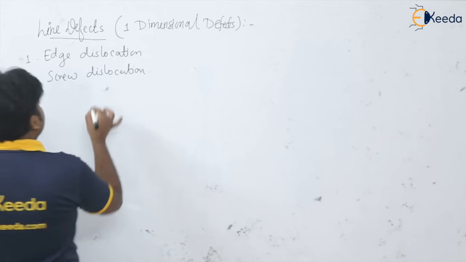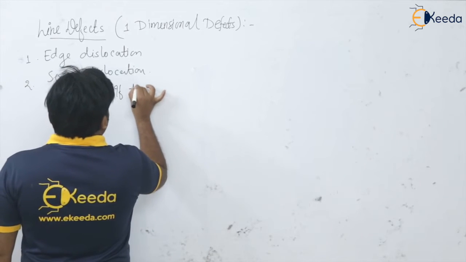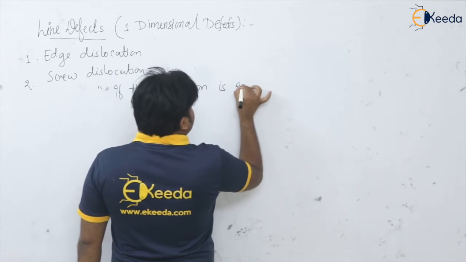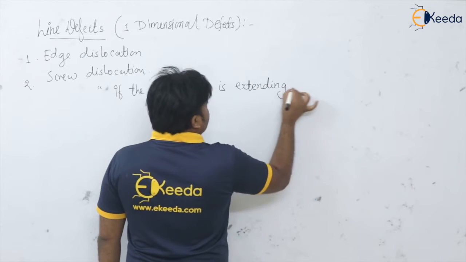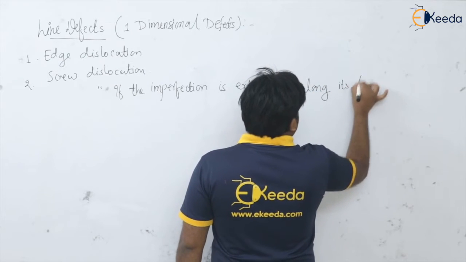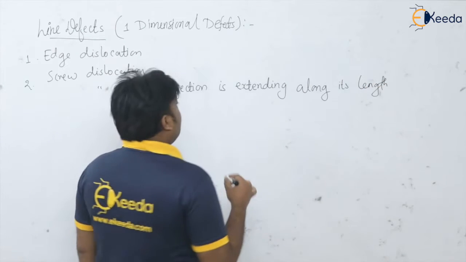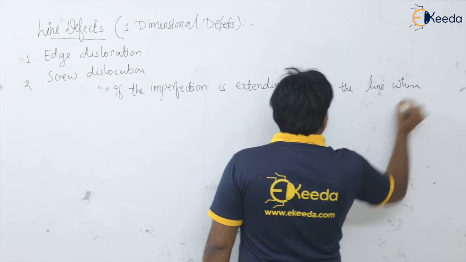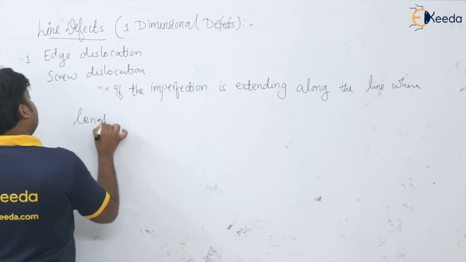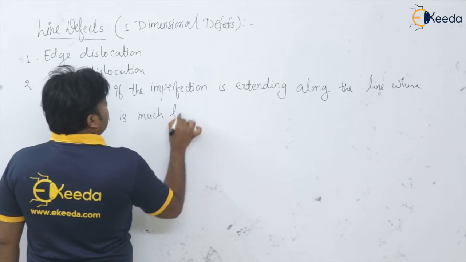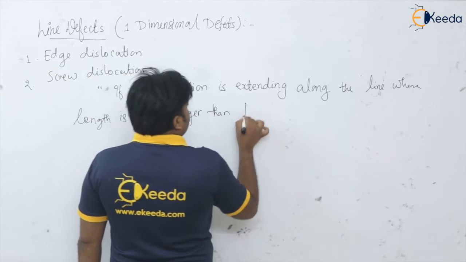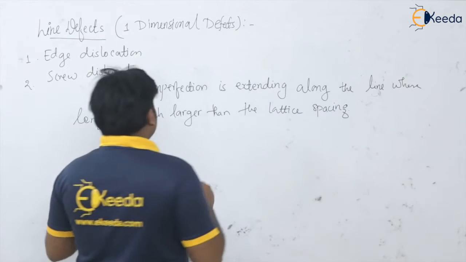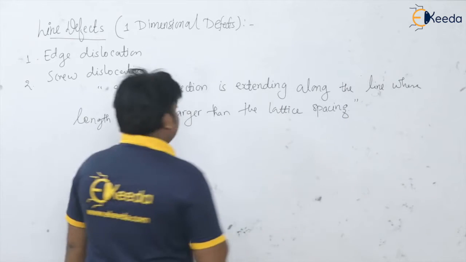So here the definition of the line defect will be: if the imperfection in the material is extending along its length or along the line whose length is much larger than the lattice spacing, then the imperfection or the defect is the line defect.